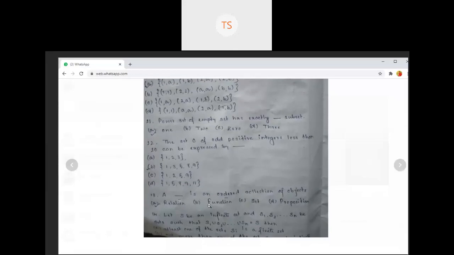Set is the collection of well-defined objects. Then the word ordered. In a set, we will not look for the order. The set {1, 2, 3} and the set {2, 3, 1} are the same. So order does not matter in a set. But here the word order is given. So the next option is relation. So what is a relation?